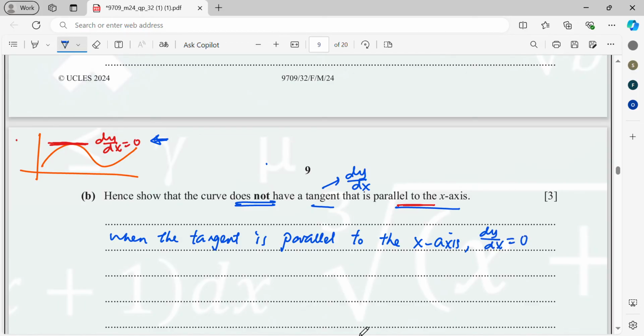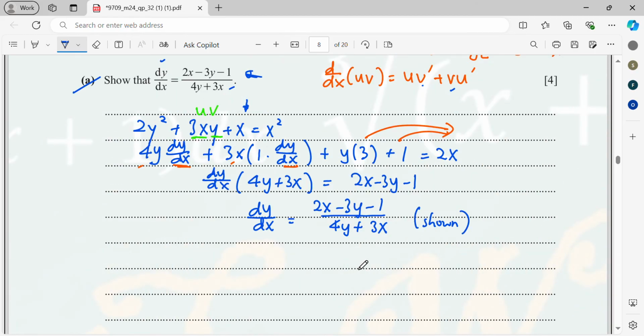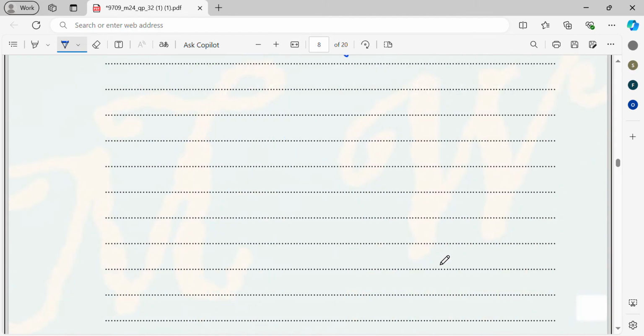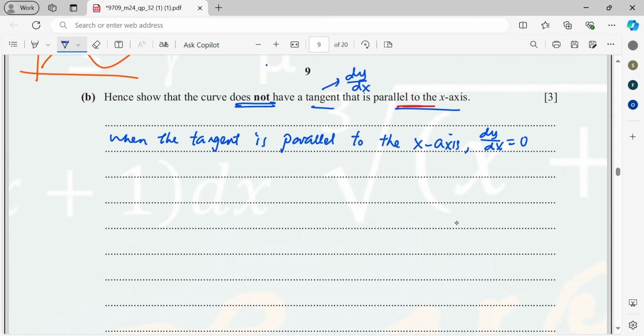Okay, so now I will rewrite my dy dx from the previous part. Just copy this expression. So now my dy dx equals (2x minus 3y minus 1) over (4y plus 3x). So when dy dx equals 0, this is equal to 0. So 0 equals (2x minus 3y minus 1) over (4y plus 3x).